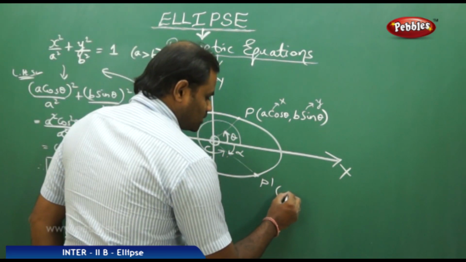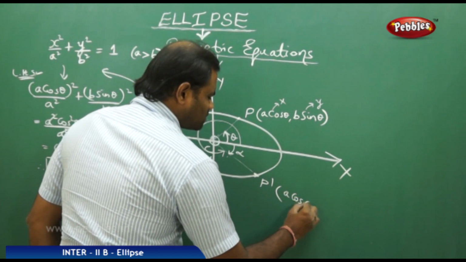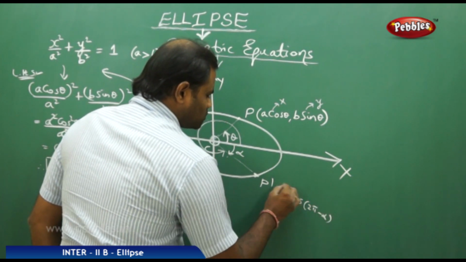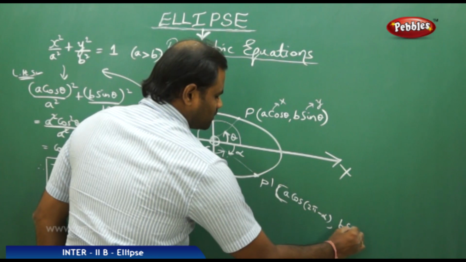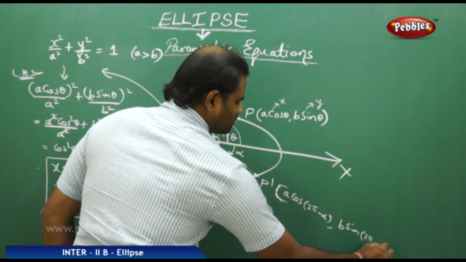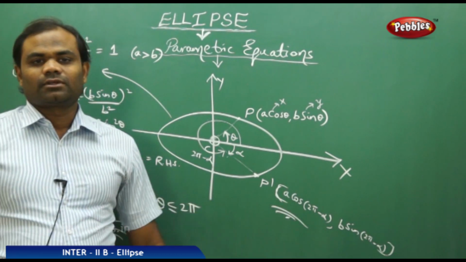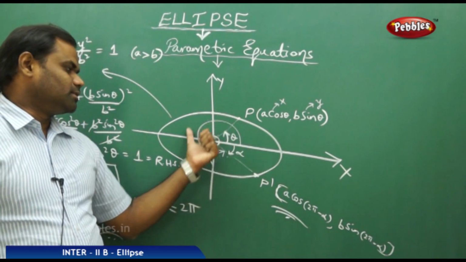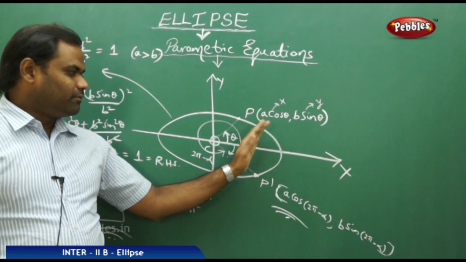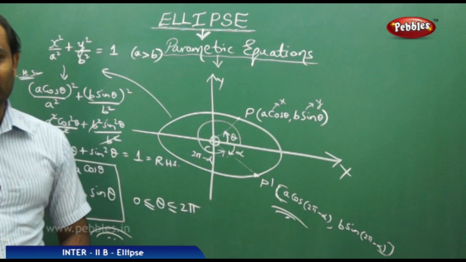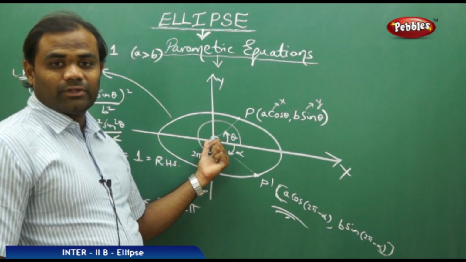Therefore I get the coordinates as a cos(2π − α) and b sin(2π − α), which on simplification gives the coordinates of P' connected with this angle. So every point has every angle for the ellipse through the center of the ellipse.